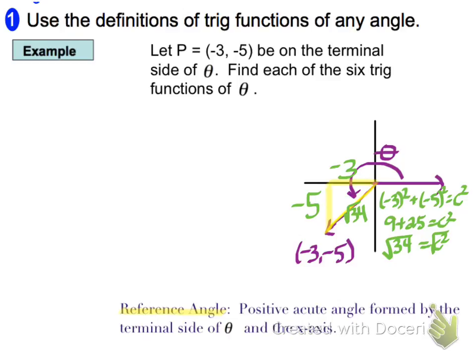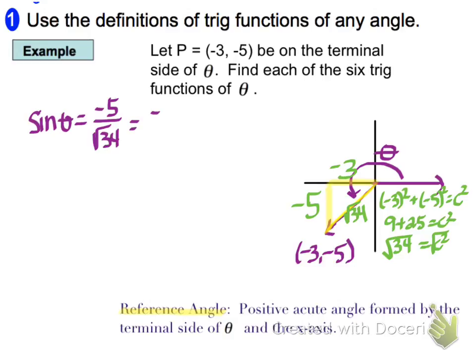So the nice thing now is that I have a nice picture I can use, and now I just have to use SOHCAHTOA to find all of my trig values. So let's start with sine. The sine of theta is going to be the opposite side over the hypotenuse. So it looks like we've got -5 over the square root of 34.